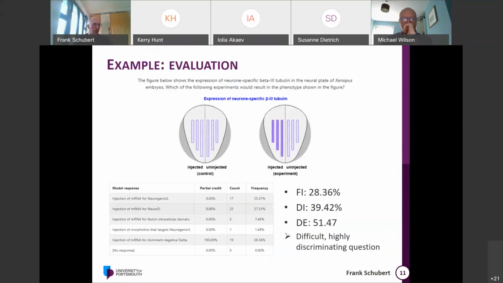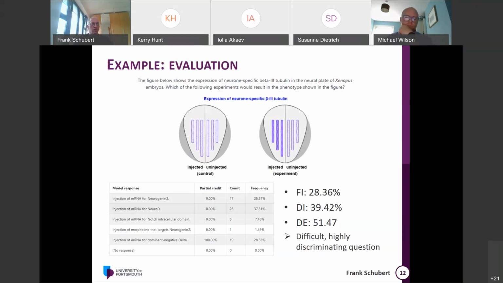Now, the next example is an evaluation question. In this case, we are giving the students the outcome of an experiment. This relates again to content in the lectures, so it should be reasonably familiar, but the students did not get that particular outcome and that particular experiment in the lectures.